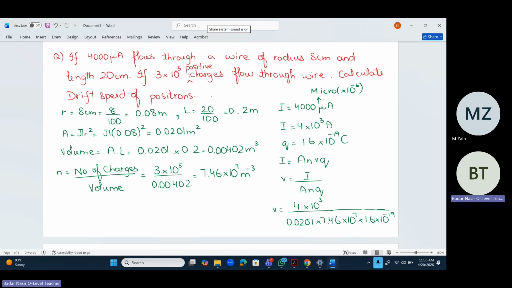Substitute the expression on your calculator and you'll get the answer. So 4 times 10 to the power 3 divided by 0.0201 divided by answer divided by 1.6 times 10 to the power minus 19.